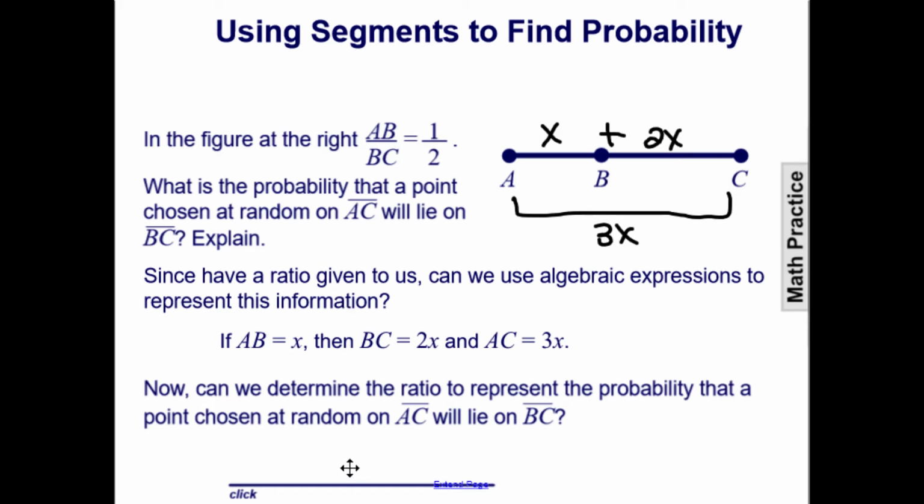Well, let's use what we know about probability. We know that it would be BC over AC, so BC over the total of AC, so 2X over 3X. The X's cancel out to leave us with a probability of 2/3.